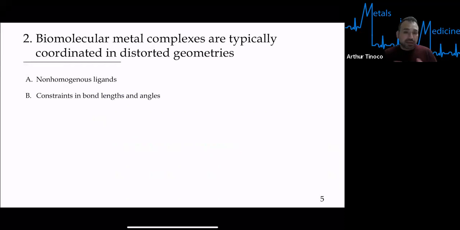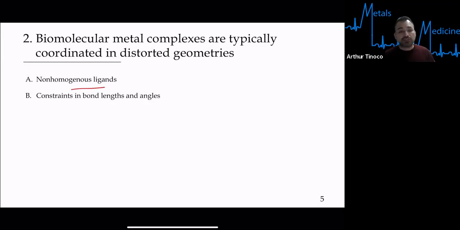All right, but with that being stated, most of what you see in terms of structure within the biological complexes are distorted geometries. A lot of what I've talked about in terms of the correlation between coordination number and geometry are very idealized conditions that probably are not going to be a good reflection of how you will see coordination within the biological context, especially given that more often you're going to see ligands that are non-homogeneous in terms of the atoms that coordinate to the metal center.